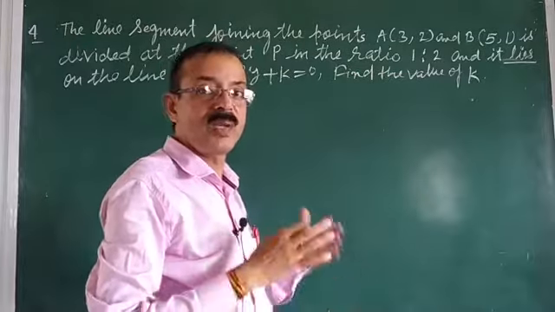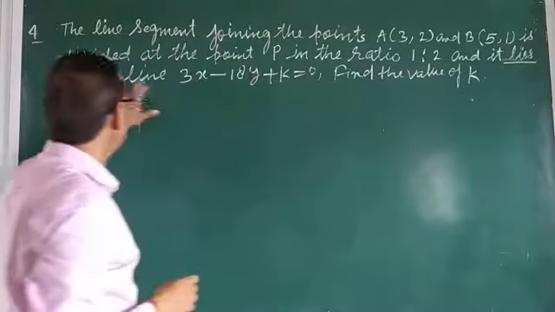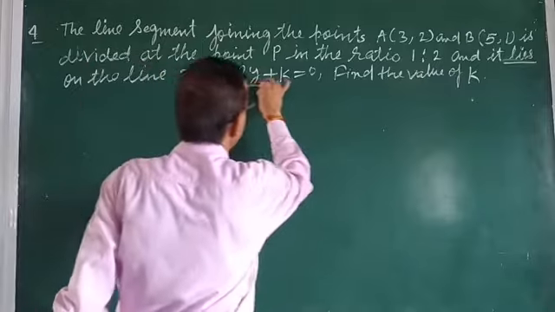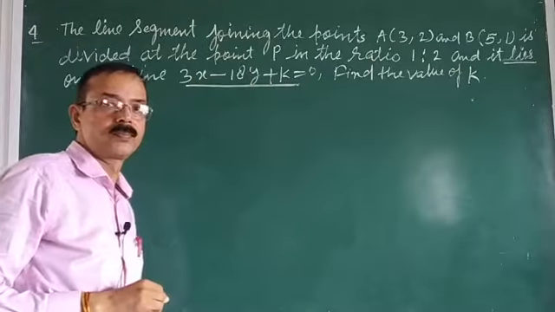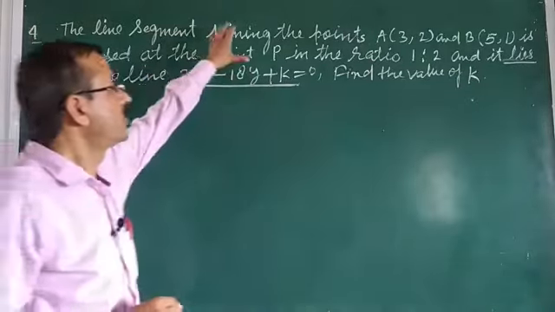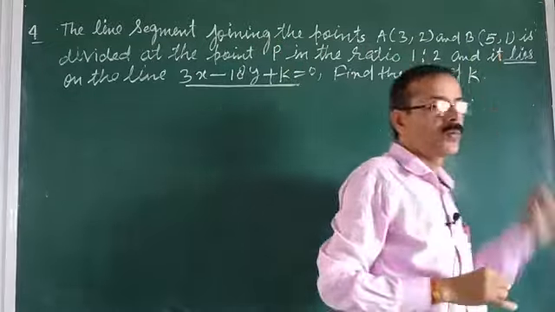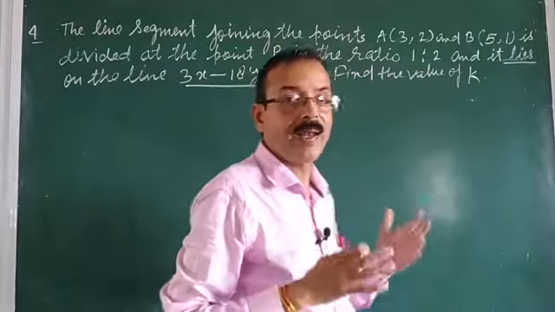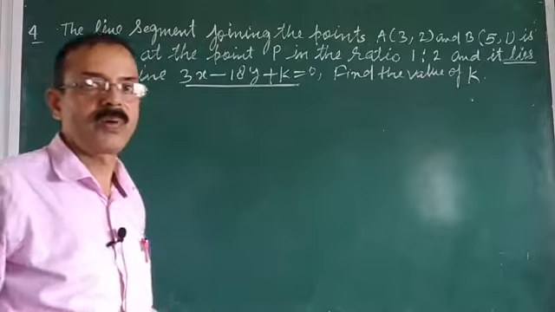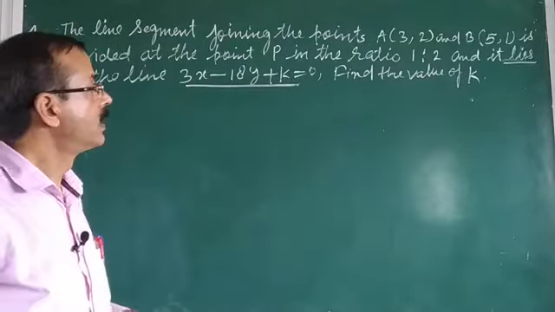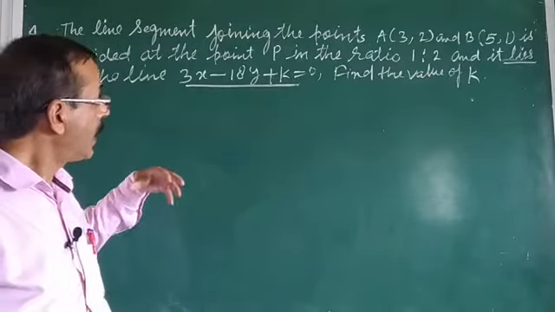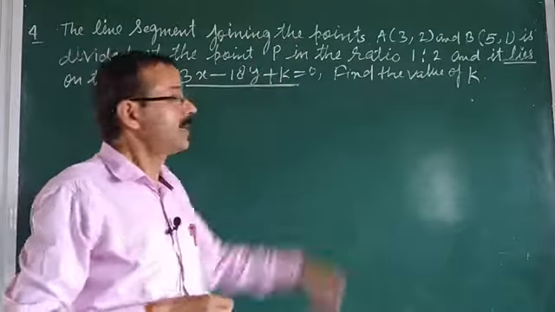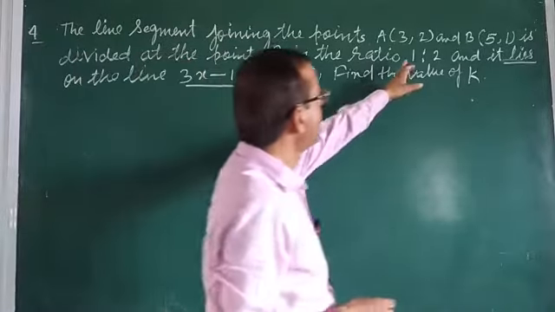Which lies? P point lies where? On the line. This is the given line. If you join those 2 points A and B, you will get a line. On that line, P divides it in the ratio 1:2.